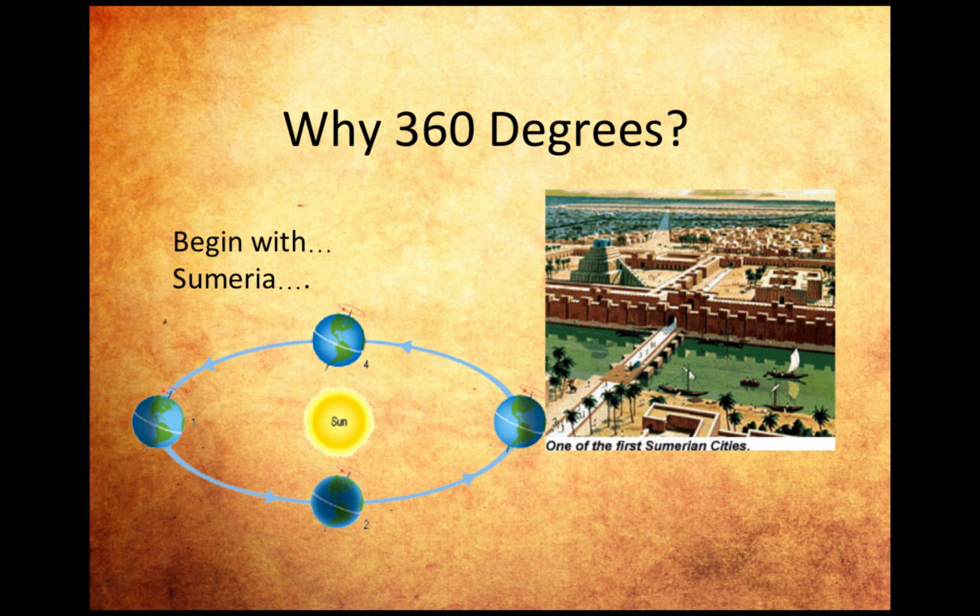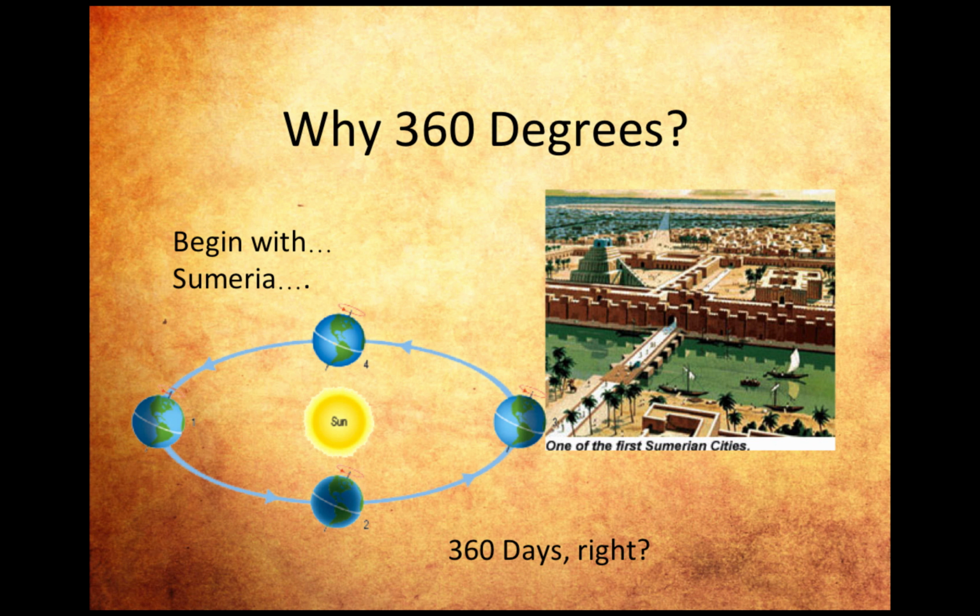Okay, so they measured this, and they came up with 2 things. One, they decided it was a circle, and you know it's an ellipse, but if you actually graphed it, you would see you can't tell the difference. It's so thick an ellipse it looks like a circle. They decided it was a circle, and they also decided it was 360 days. That's what they calculated.